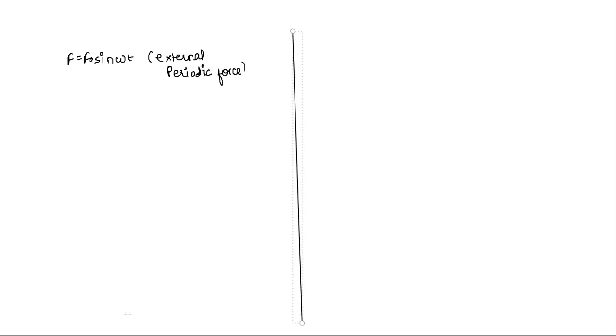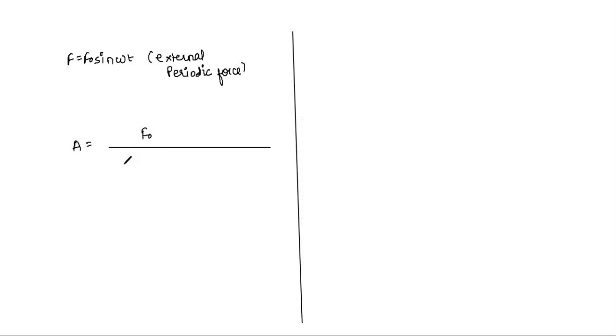Now all I'm saying is, suppose a new amplitude is developed by the swing on which he's sitting. Everyone needs to write this. We need not remember everything, but you need to write this to understand what we are about to derive.